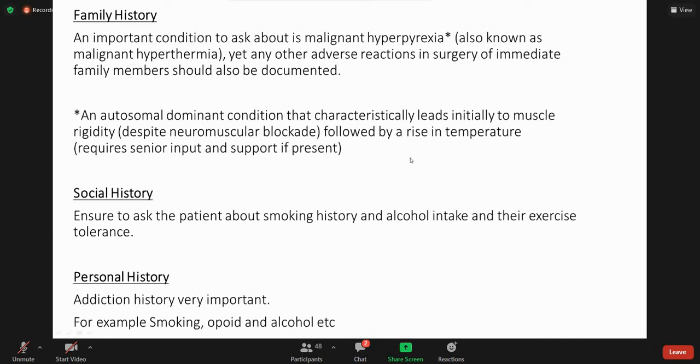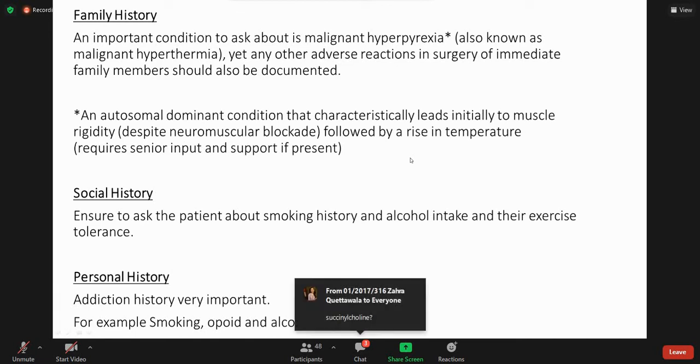Halothane and succinylcholine. Very good. Abnormal ryanodine receptor leads to excessive calcium in the cell cytoplasm, increasing temperature and muscle rigidity. Very good. So basically, you guys know the pathology behind it.